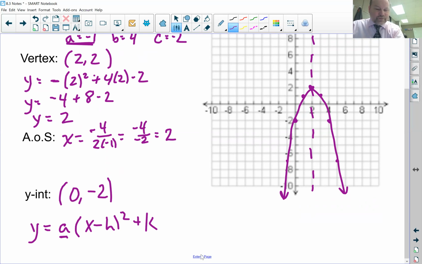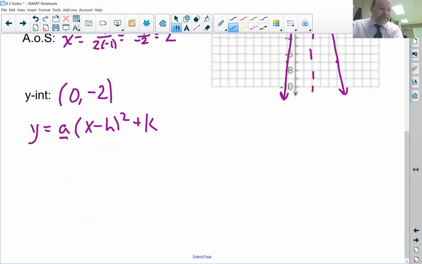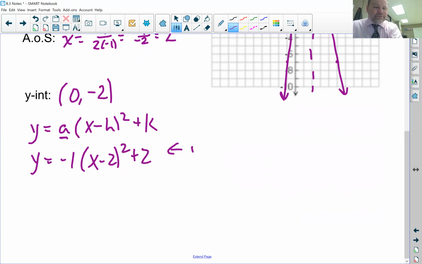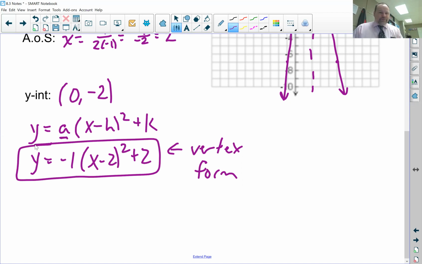And then our vertex, remember, is (h, k). So that's vertex form. Even though it doesn't say to on any of these problems, I'm going to convert to vertex form each time, just to show the vertex form of the equation.